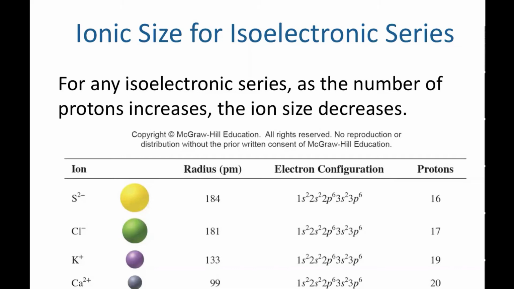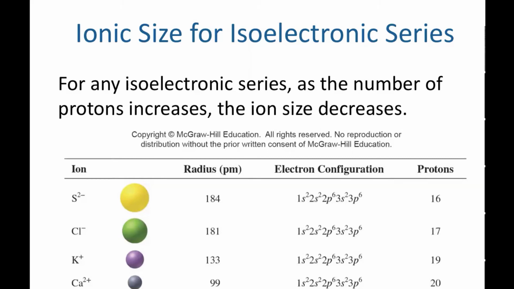Let's put the ion here. K+ has more protons than Cl-, but they have the same number of electrons, right?